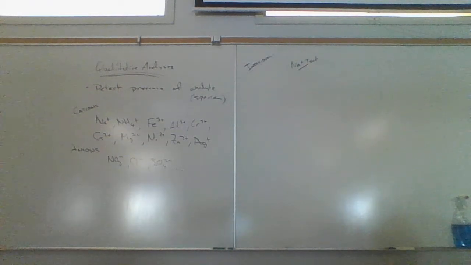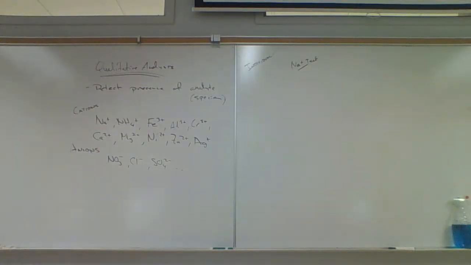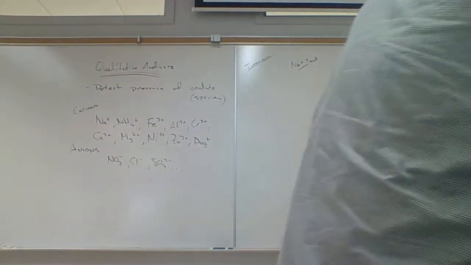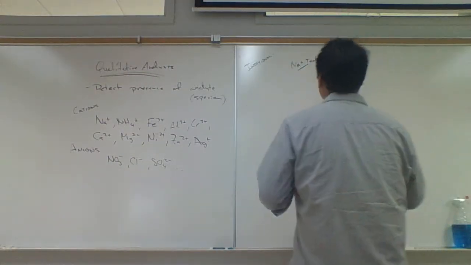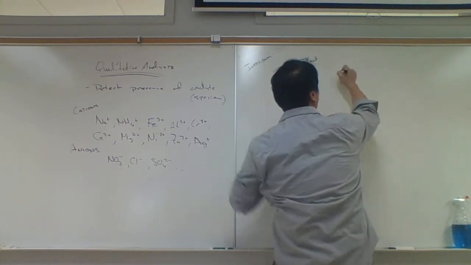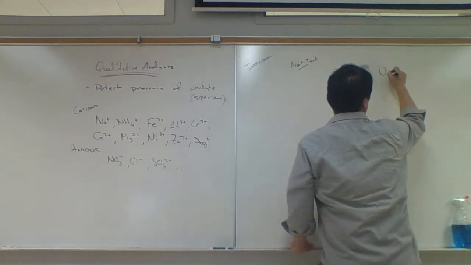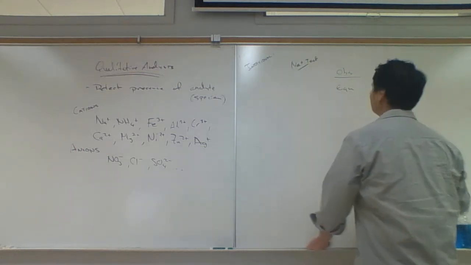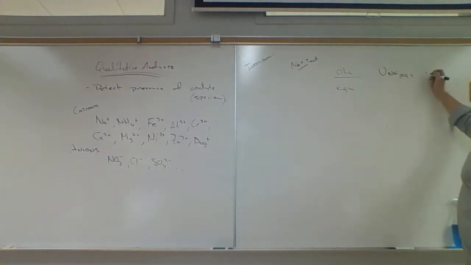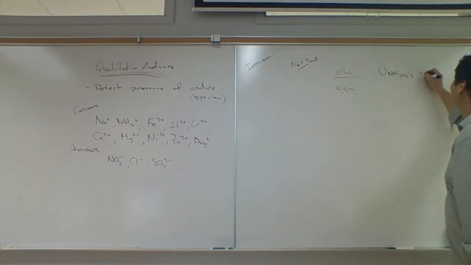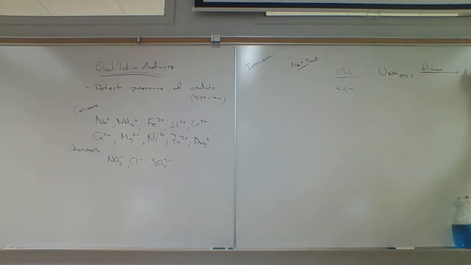Not all tests are going to be like that. But what we're going to do is analyze this test based on the observation and an equation for that. So the observation is, if I had some unknown aqueous solution, I'll just call it unknown AQ, and I put this in the flame, then I get a bright, what was that, bright yellow, orange flame?